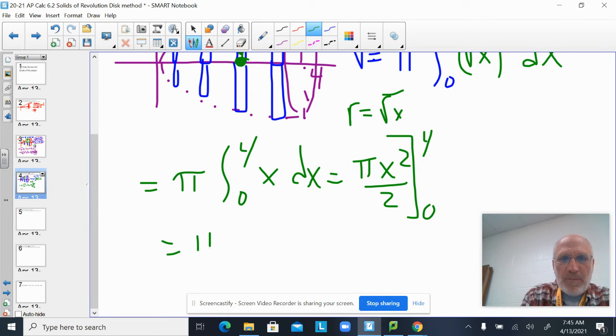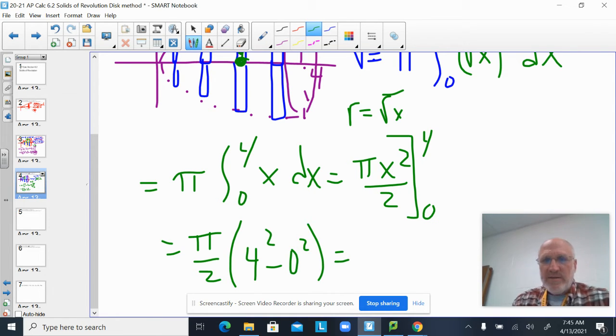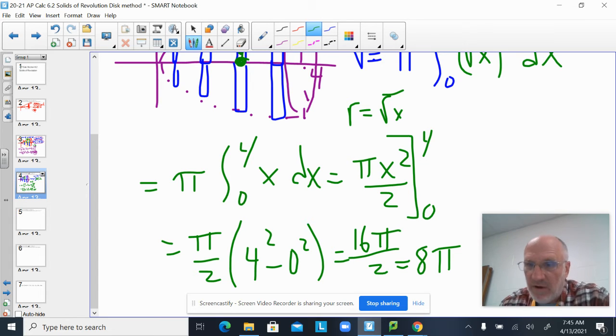I might pull the pi over 2 out, and then just do 4 squared minus 0 squared. That's 16 pi over 2, which is in fact 8 pi. That is the volume of that solid of revolution. So there's another example where the radius was just the y value and the cross section was a disk. Those two examples, other than changing the function inside from 1/2 x to root x, were the same process.